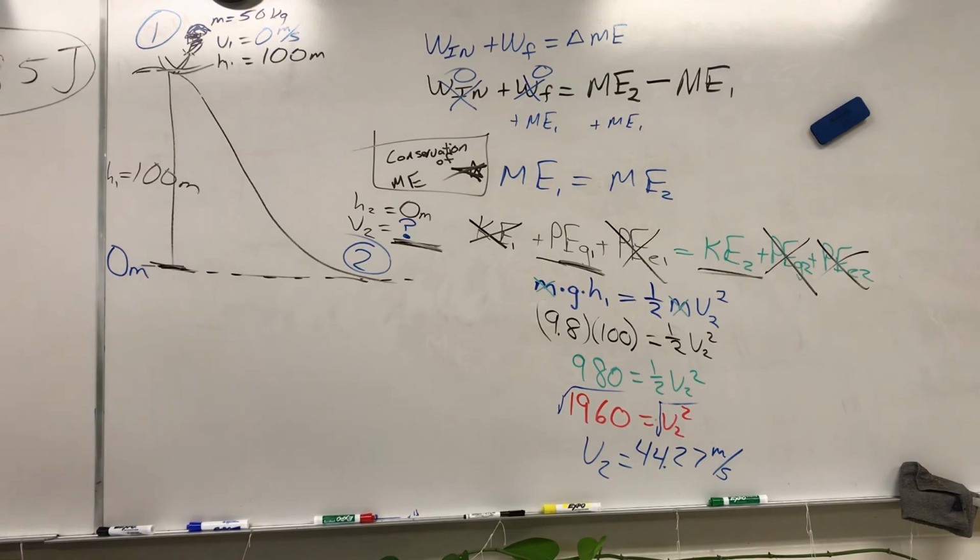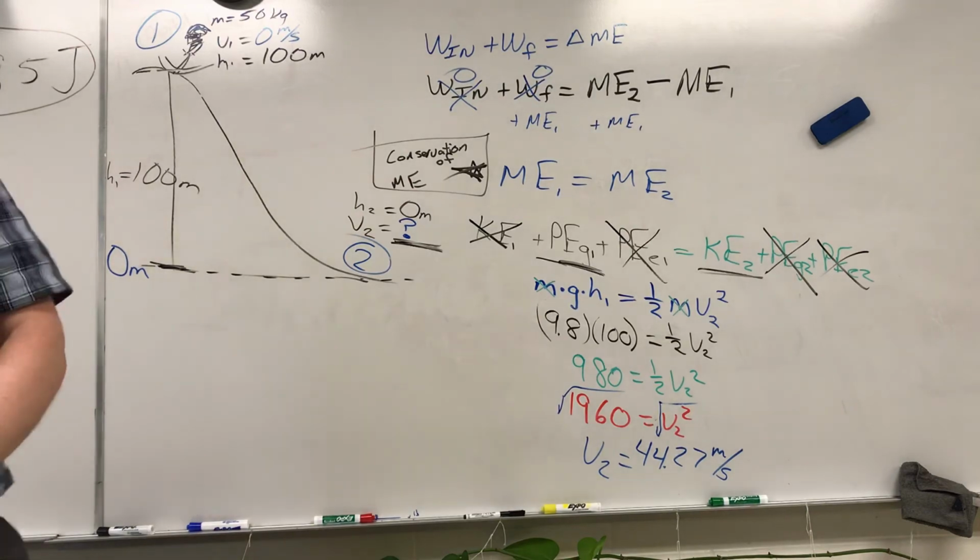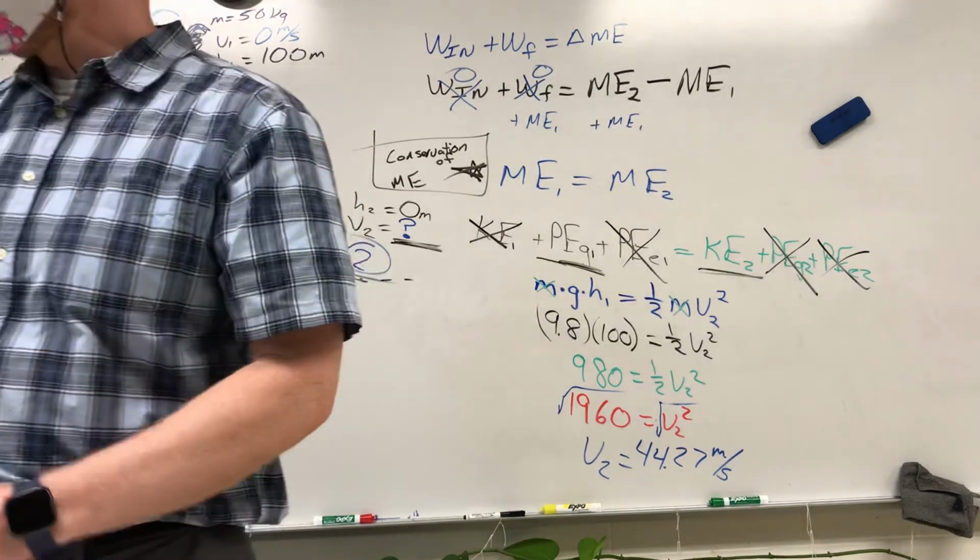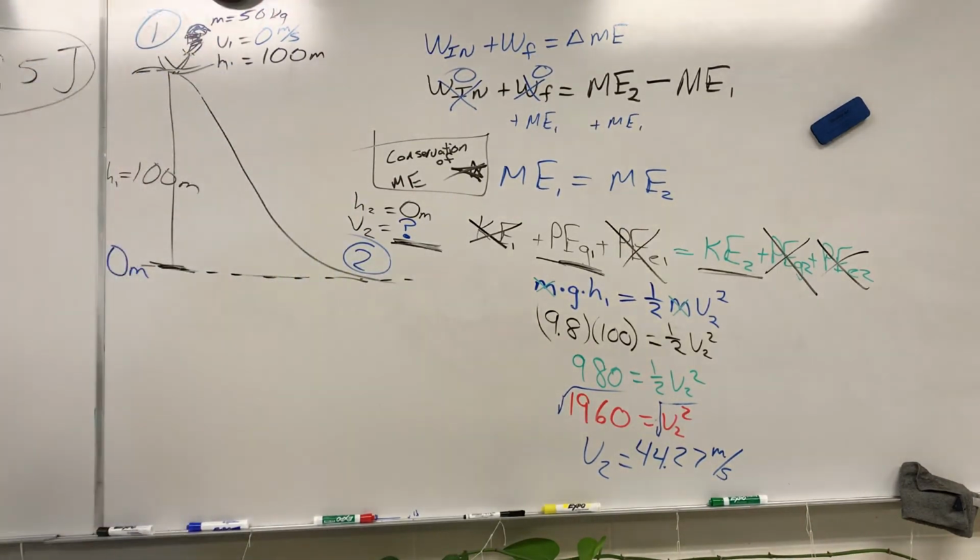After school tonight, I will record a video going through page 3, problem number 1, on the top of page 3, from the packet. Because question number 8 is dealing with springs, we are doing springs.